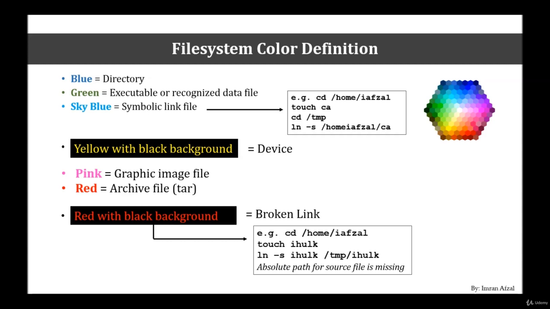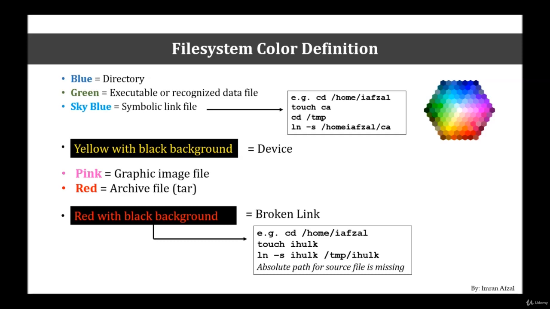Why? Because in the command ln -s, we are not using the absolute path for the source file. We have to specify ln -s /home/ifzol/iHulk and then the destination. Then it would become sky blue.